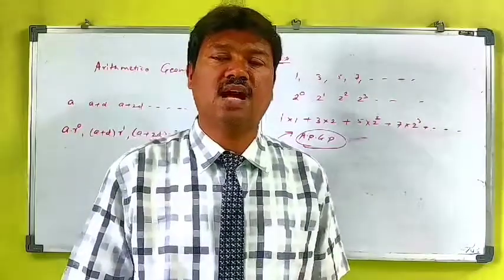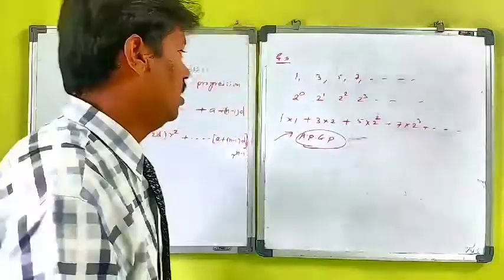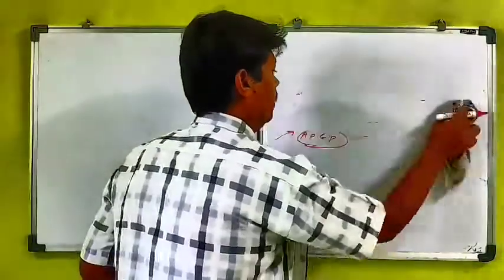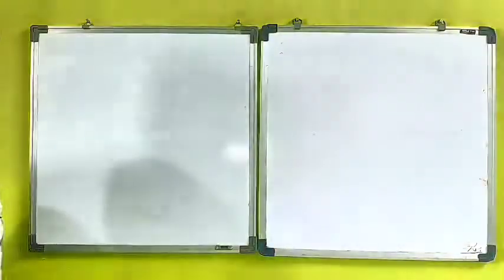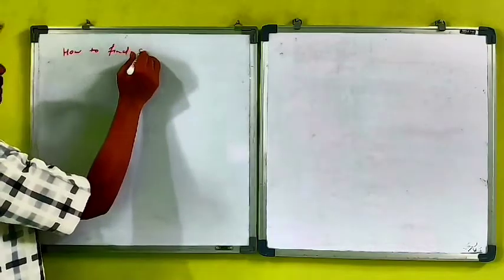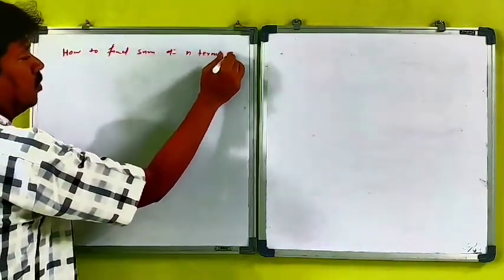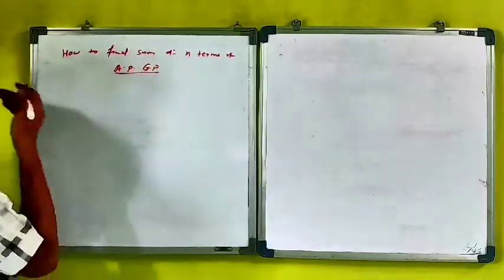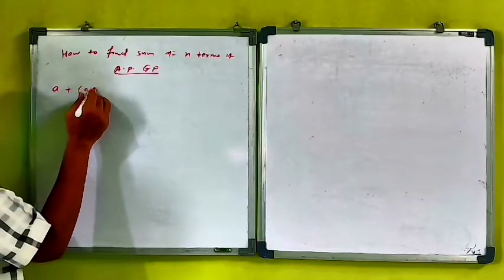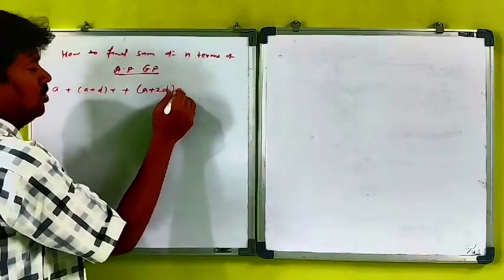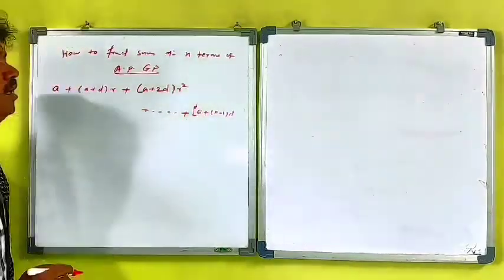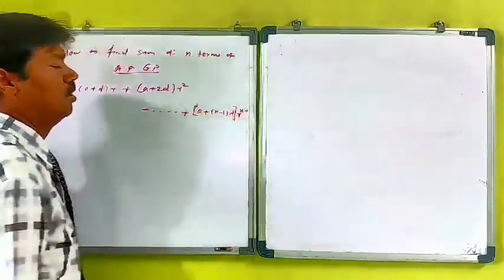So now we move to the next part, that is how to find the sum of n terms of arithmetico-geometric progression. Consider an APGP with n terms: a, then a plus d into r, a plus 2d into r square, and like this, up to a plus (n minus 1)d into r raised to n minus 1.